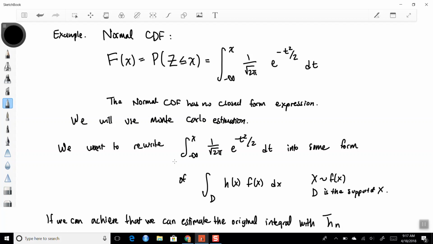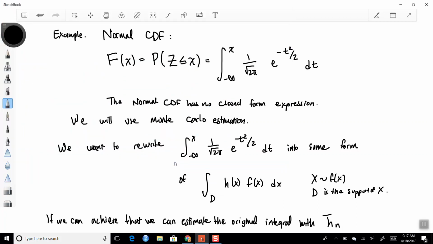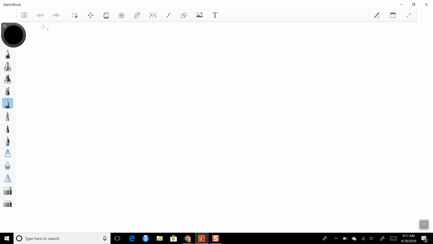Okay, so what can we do to get this into this form? The trick is that here we're going from negative infinity to x. What is the support of x here? So this is our original integral. Sorry, you don't have to rewrite all of this, I'm just getting it to fit on the screen.